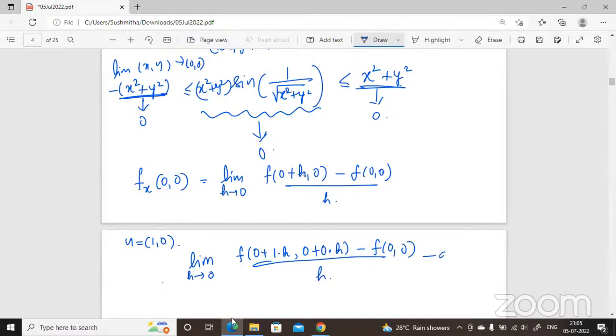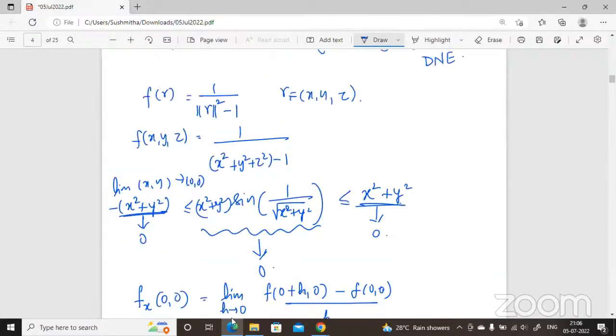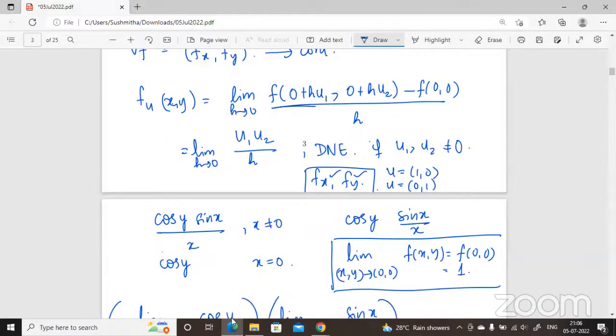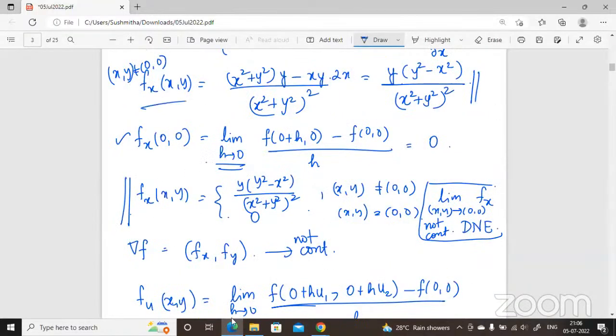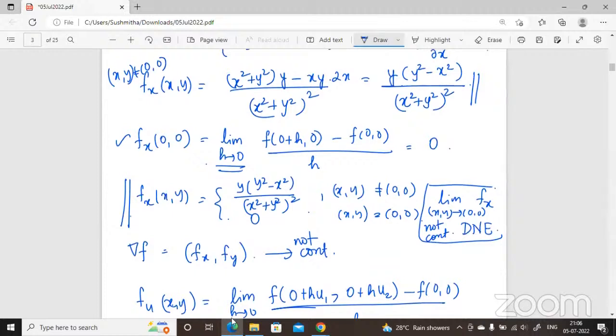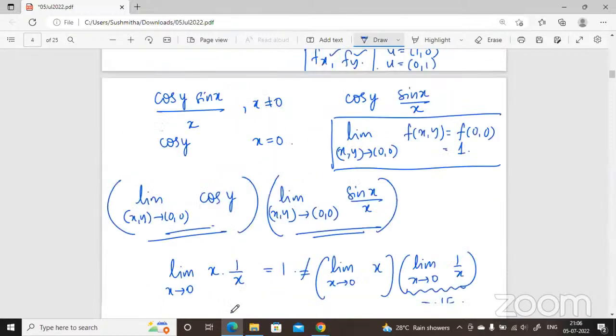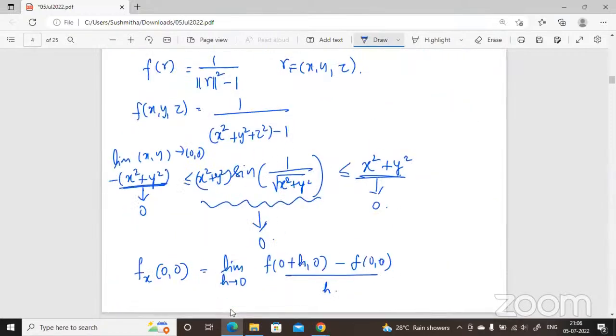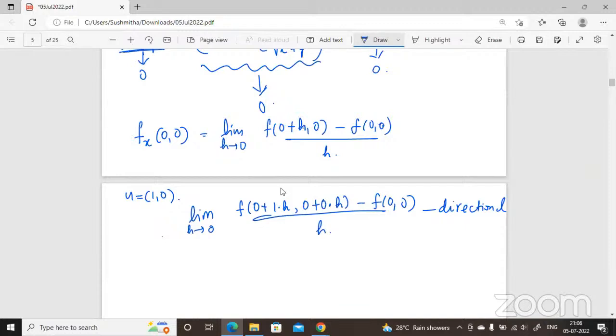But in one of the lectures, sir has told that you can calculate the derivative by treating y as a constant. That's what we did earlier, no? How did we calculate fx here? Yes, ma'am. By treating y as a constant. And we can use this same approach in this question here. Yeah, but you want it at 0, 0. What's the definition of the function at 0, 0? It's not given, no?